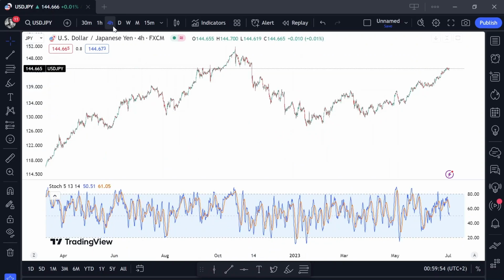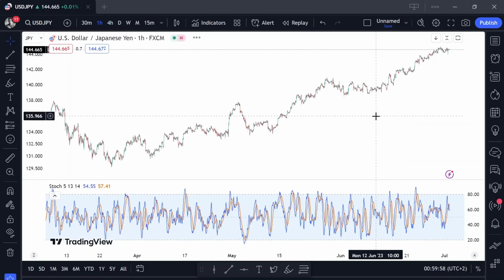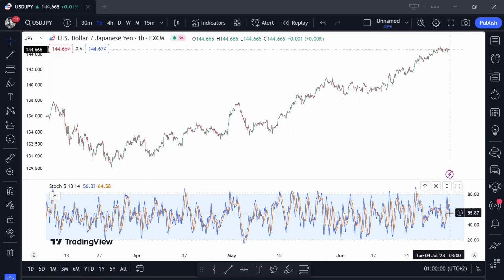Then that's fine. If you come to your 1 hour time frame, you can see that stochastic is at level 80, looking for sales, and you can also see that the market structure is bullish.